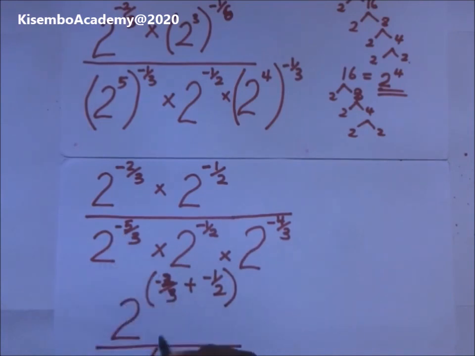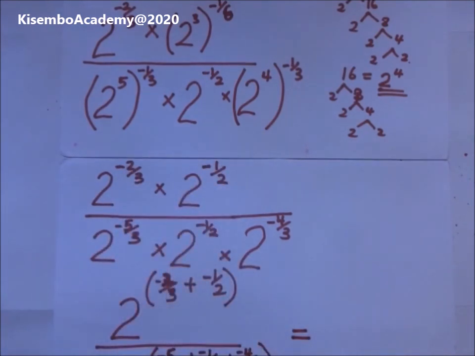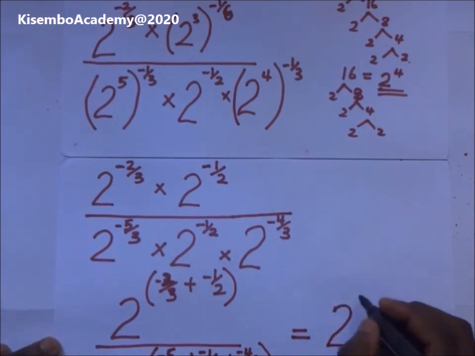So when we add all the powers, this is negative 5 over 3 plus negative a half plus negative 4 over 3. And definitely, when you add these fractions, negative 3 over 2 plus negative a half is going to give you, this is 2 to the power negative 7 over 6.